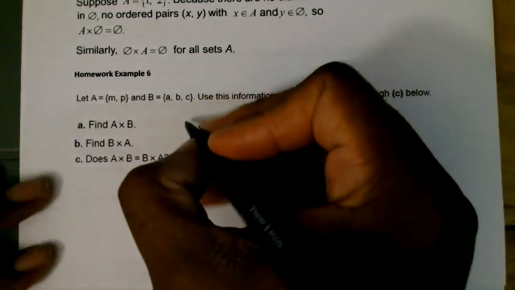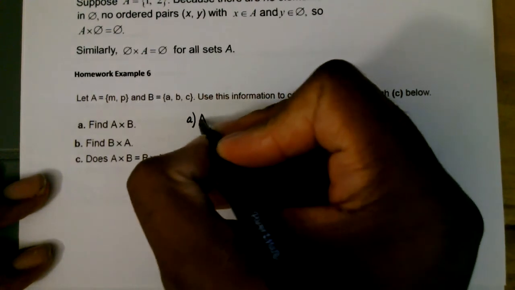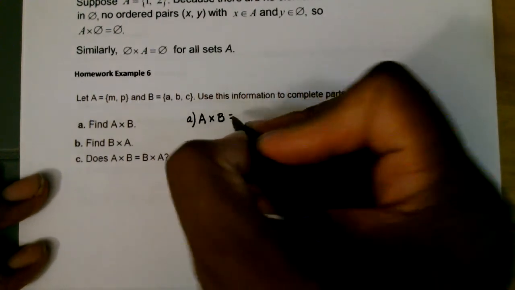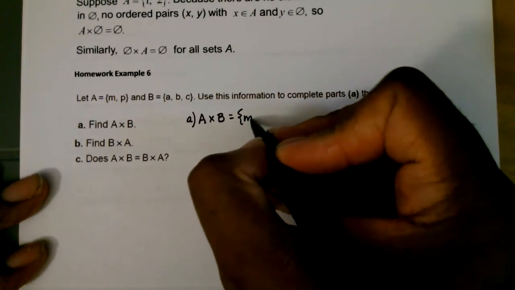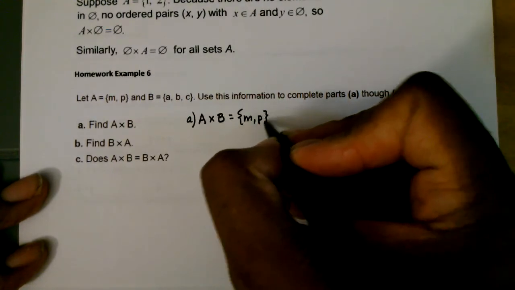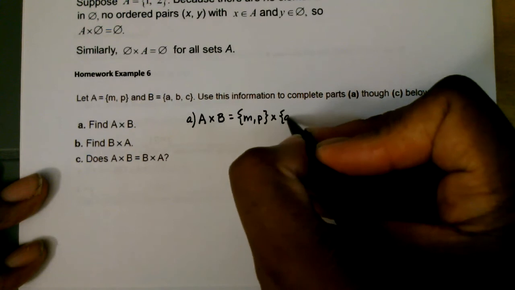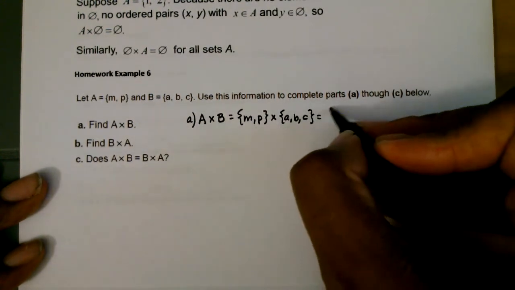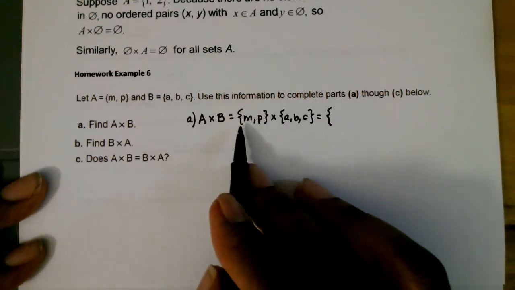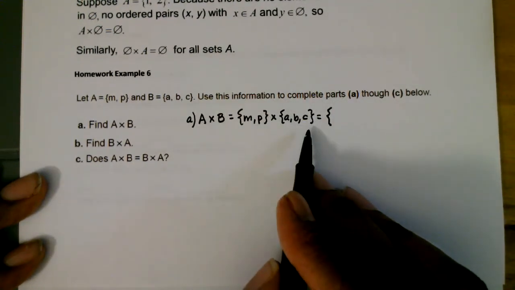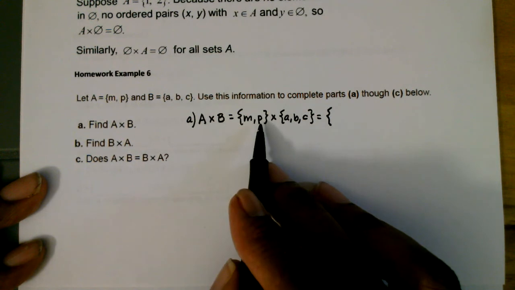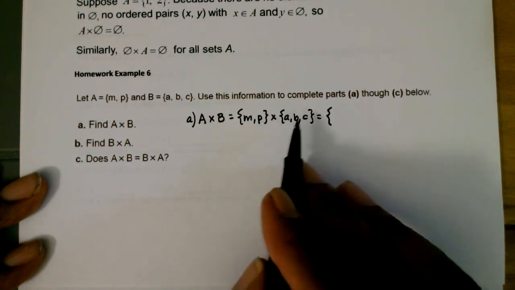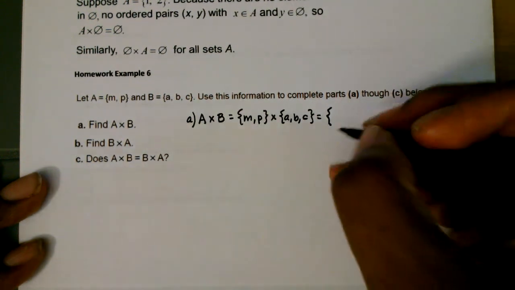So let's start with part A. That's A cross B. A has the elements M and P, and B has the elements A, B, and C. That means the first element in the first set is paired with each and every element of the second set. The second element in the first set is paired with each and every element of the second.